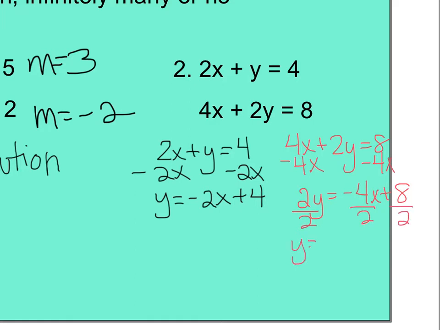And y equals -2x plus 4. So I look at my two equations, and hopefully you noticed that they're exactly identical. Well, if they're exactly the same, that means on a graph they would have the same line, which means for an answer we would be looking at infinitely many.